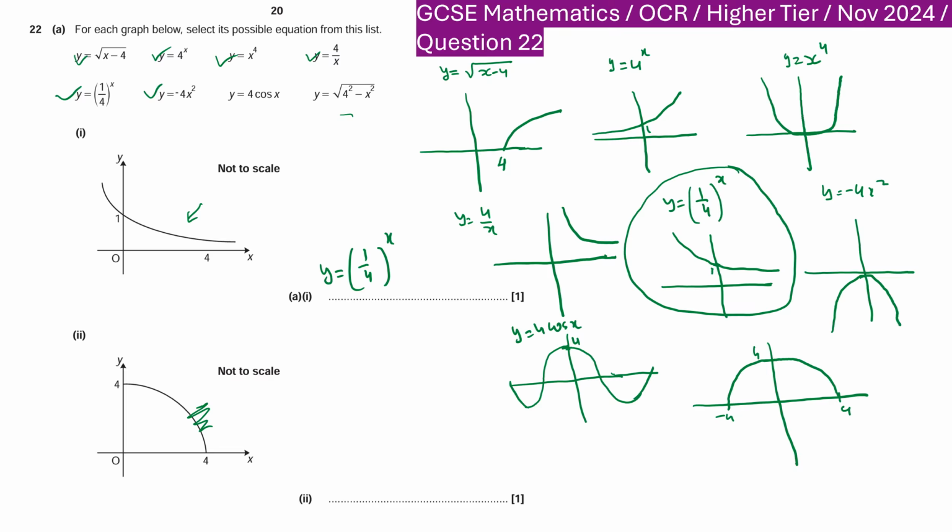However, they've only drawn it partially. They've only drawn the positive side. So this graph is y equals square root of 4 square minus x square. So that's the part A.